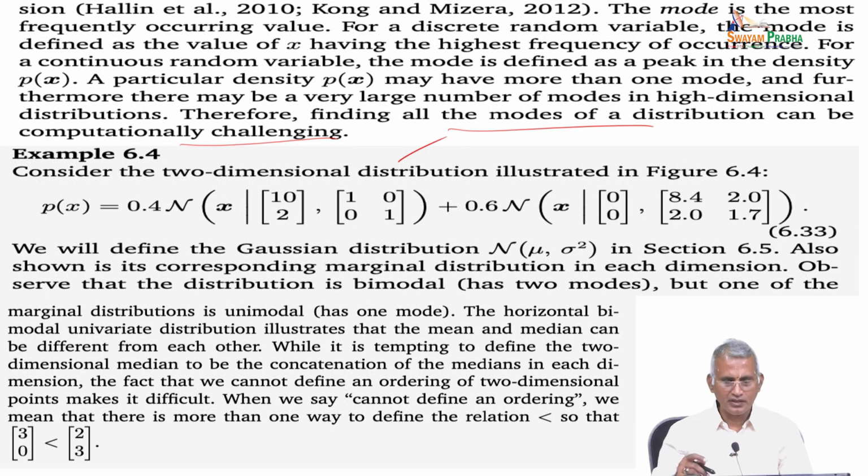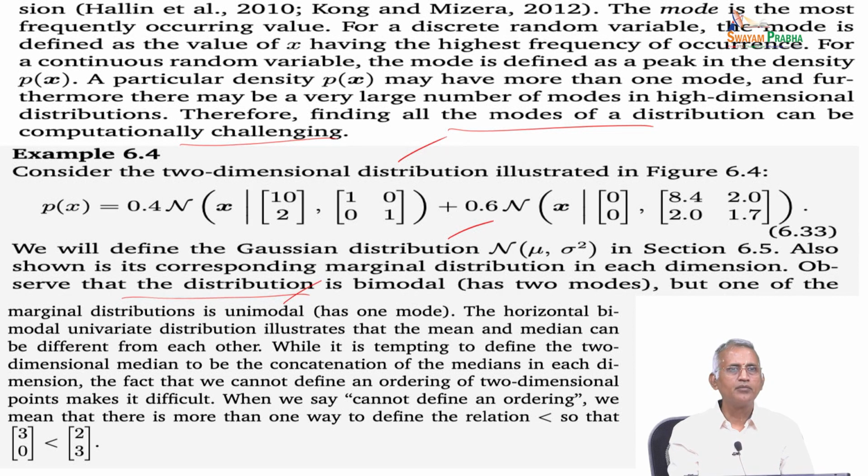So, we have to discuss in terms of the Gaussian distribution N of mu comma sigma squared, also shown with the corresponding marginal distribution in each dimension. Observe that the distribution is bimodal, it has two modes, but one of the marginal distributions is unimodal and has one mode.